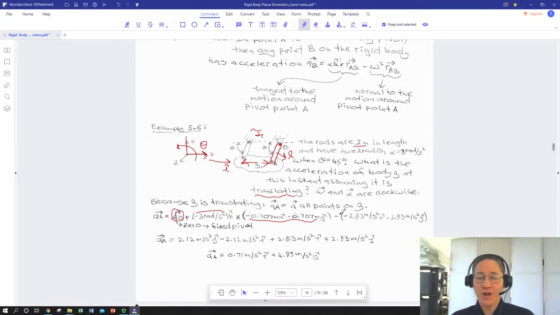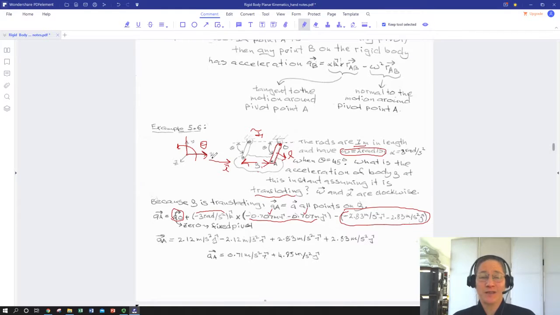Okay, so we're going to subtract our angular velocity squared, so times our OA. So what we did was we took 4 radians per second, squared it, and multiplied it by ROA, and we got this term. So 4 radians per second, it's actually negative because it's going clockwise rather than counterclockwise.